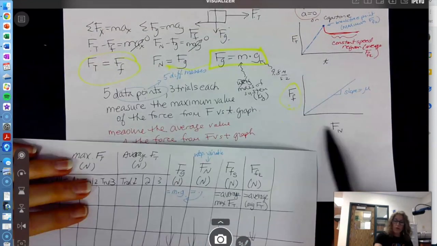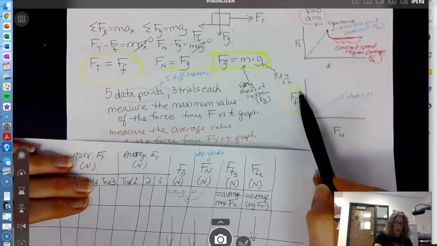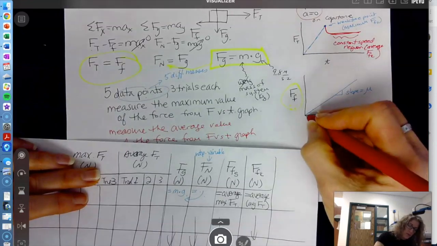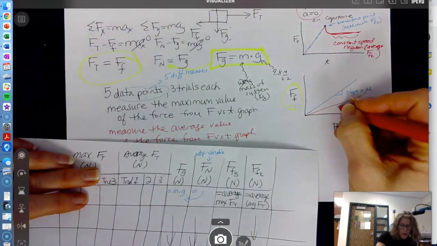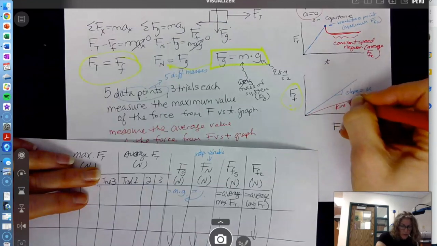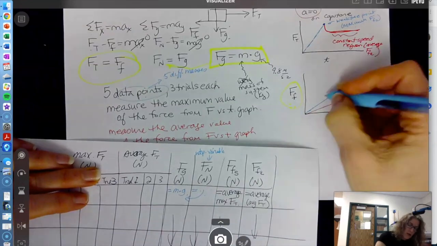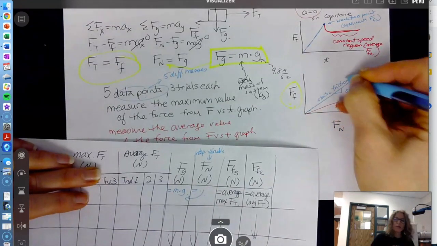We're going to have one graph, normal force here, and we're going to have friction on the y-axis, but we're going to make 2 lines. We're going to have one line for our kinetic friction, and we're going to have another line for our static friction. And I'll show you how to do that when you're done.